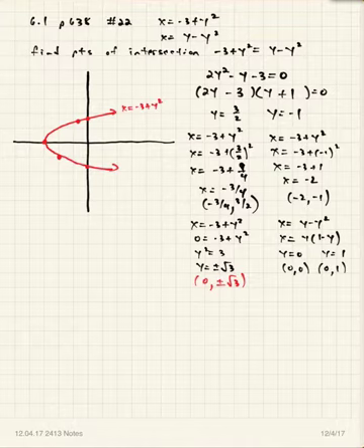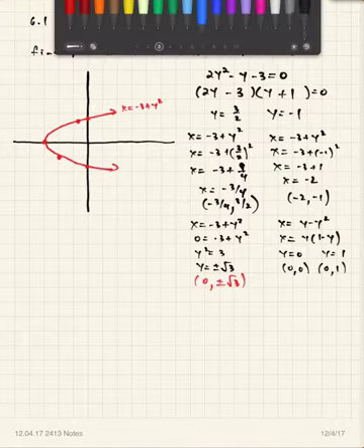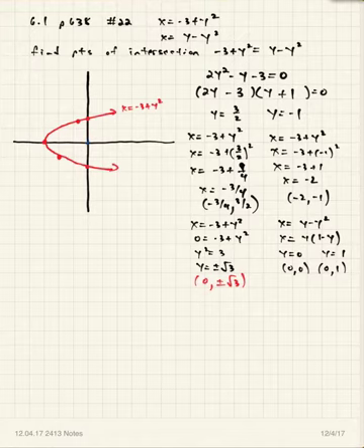We'll put this one in blue. So (0, 1) would be right about here. And if you wanted to substitute in some more y values, you certainly could to get a better idea of what this graph looks like.